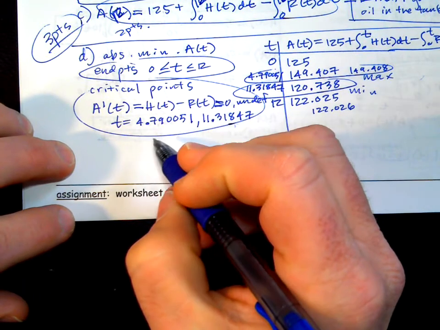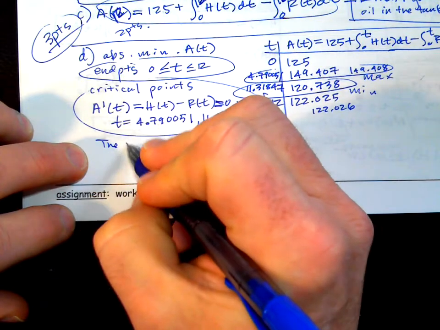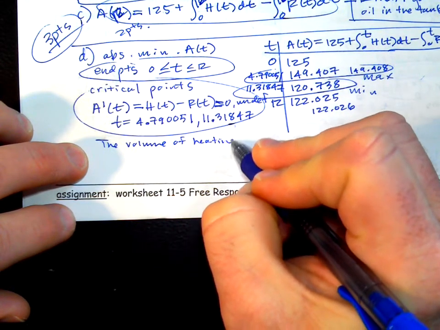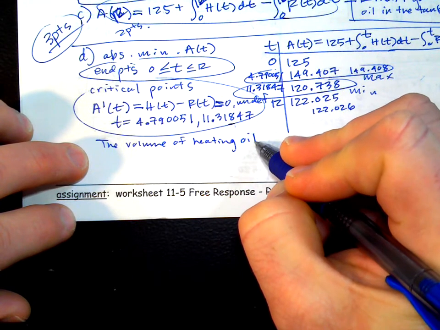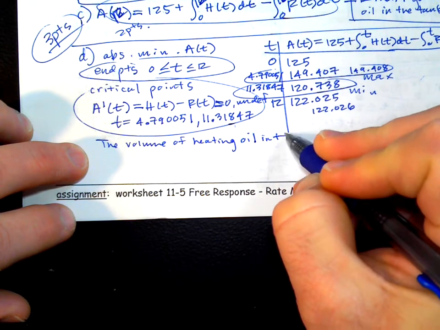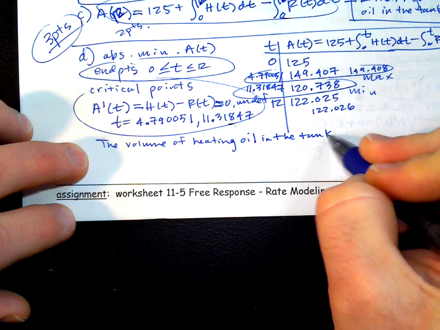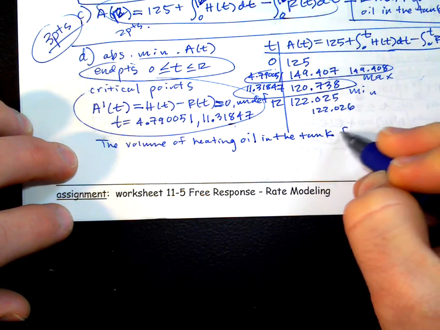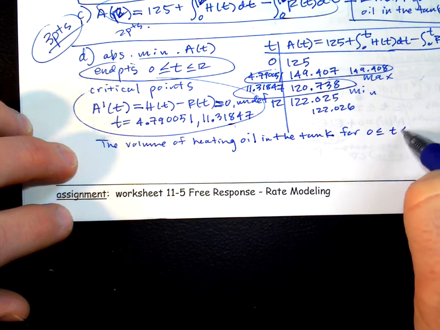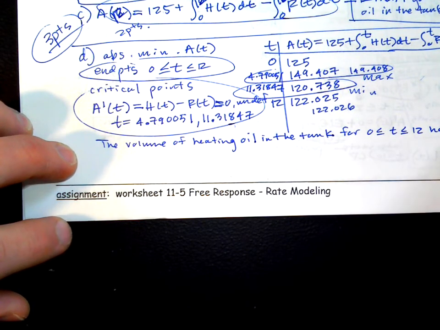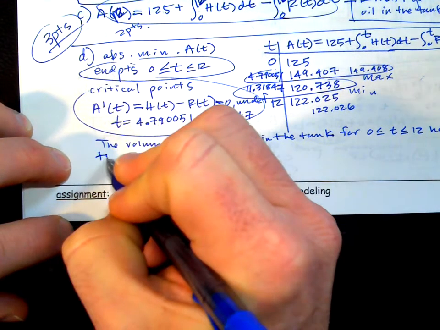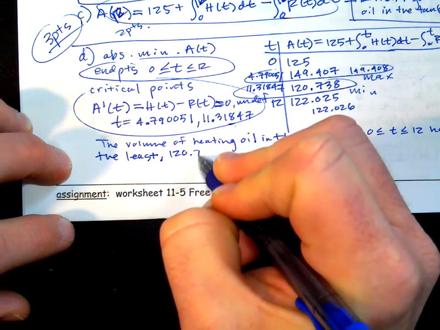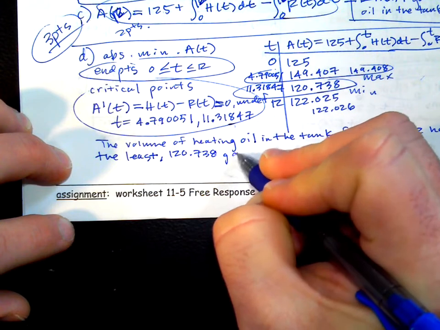So we're going to say the volume of heating oil in the tank for 0 to 12 hours is the least, and I always write what that value is. It's 120.738 gallons. Got to put units.